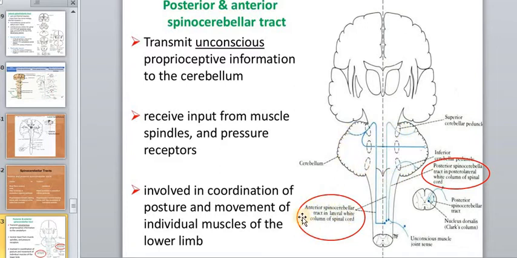So here the anterior spinocerebellar tract is in the lateral white column of the spinal cord, and the posterior spinocerebellar tract in the posterior lateral white column of the spinal cord.